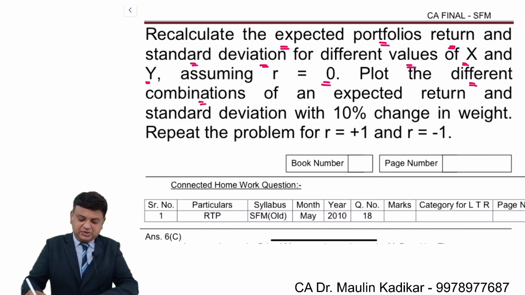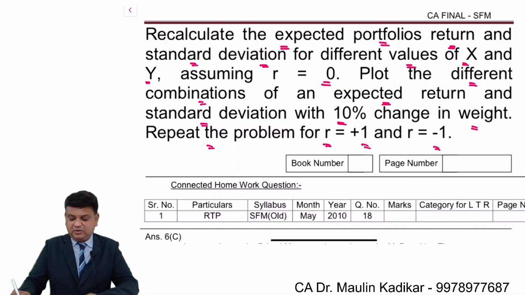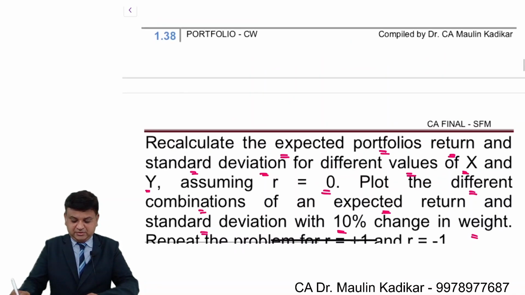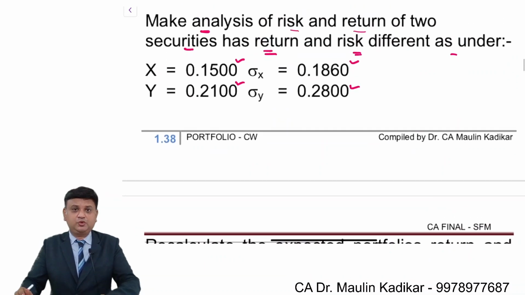Plot the different combinations of expected return and standard deviation with 10% change in the weight. Repeat the problem for R is equal to 1 and R is equal to negative 1. That is the question. Please go through the question, all of you.